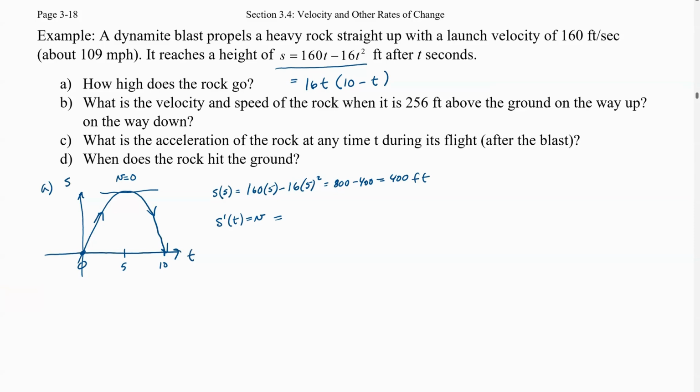For example, the derivative of 160t is 160, and the derivative of negative 16t squared is 32t. If I set that equal to 0, I get 160 is equal to 32t. If I divide by 32, lo and behold, I get 5.